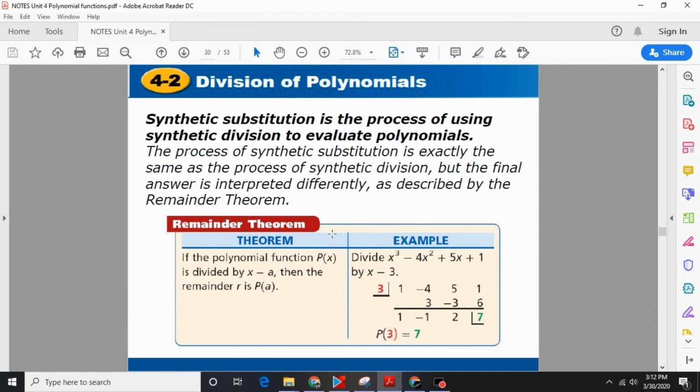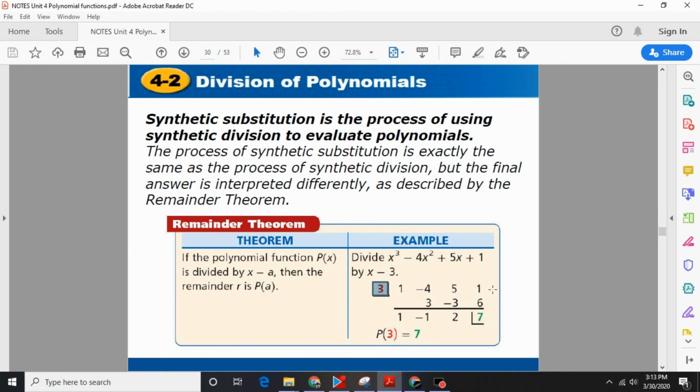Synthetic substitution says that if you take a polynomial and you divide it by a linear binomial x minus a, whatever your remainder is is equivalent to if you were to take that polynomial function and evaluate it for a. So in this case, the polynomial x cubed minus 4x squared plus 5x plus 1, if I were to divide it by x minus 3, solving for your a value, you get an a value of 3.